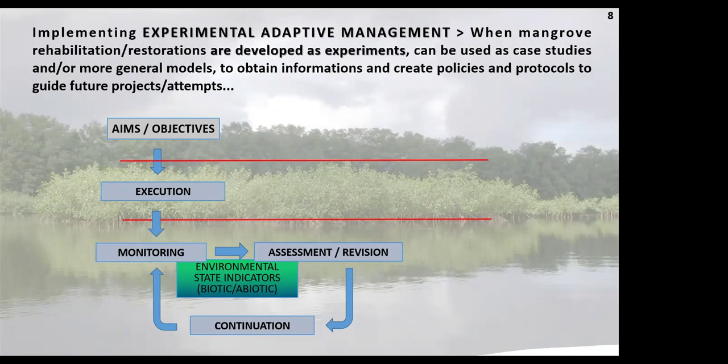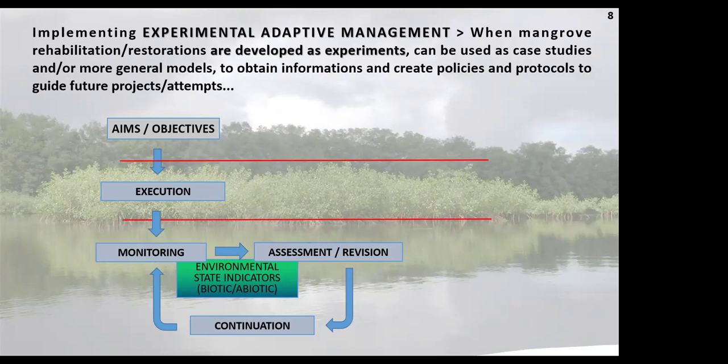Let's talk about the specific points here. You first need clear aims or objectives in the project of mangrove restoration that you will establish. Clear objectives are extremely important. For what do you want to restore a mangrove? To recover services, environmental services for the population.